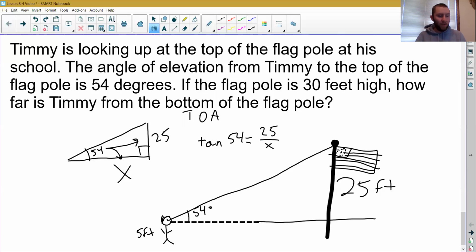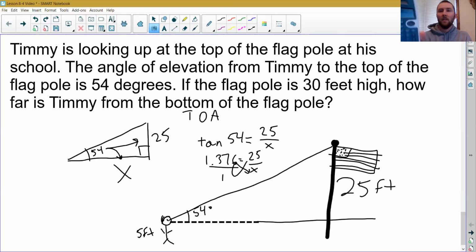And again, I'm going to turn the tangent of 54 into a decimal, which is 1.376. So 1.376 is equal to 25 over X. Put that over 1, and I solve now with my fish method. 25 times 1 divided by 1.376.